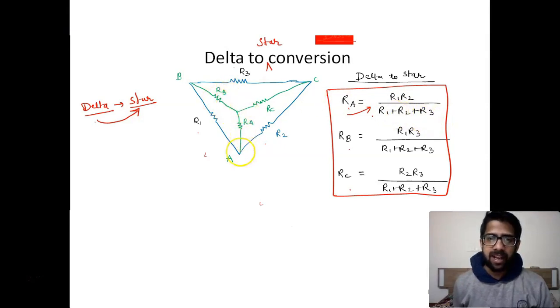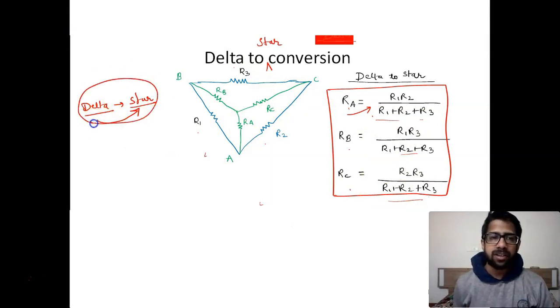So this is RA: the adjacent resistances R1 into R2 divided by R1 plus R2 plus R3. Similarly for RC, we take the adjacent resistances R3 R2 divided by R1 plus R2 plus R3. The denominator is the same everywhere.